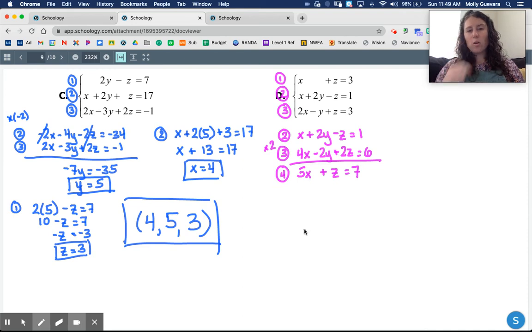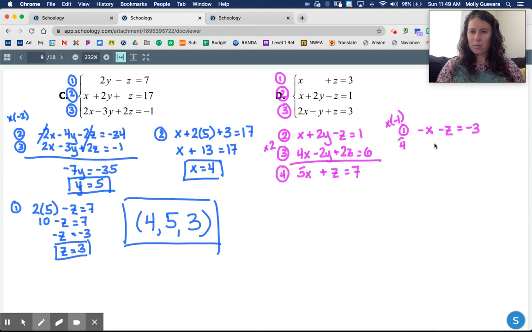So now equation 4 and equation 1 both have x's and z's, so I can just skip right to there. I'm going to multiply equation 1 by -1. So that gets me negative x minus z equals -3.